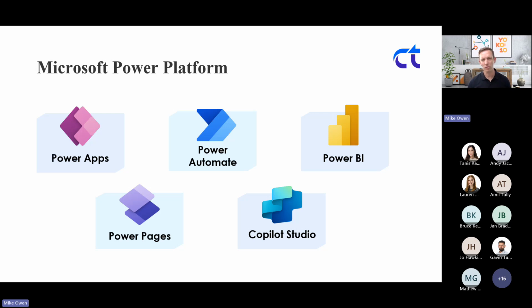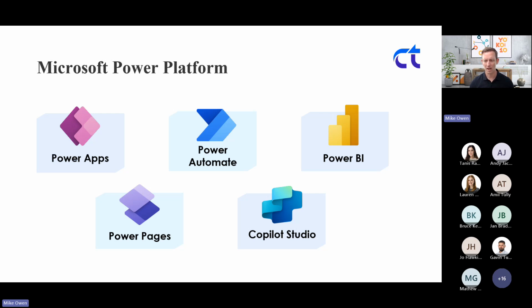And finally, we've got Copilot Studio. If you're familiar with the Power Platform, you may have seen mention of Power Virtual Agents. Well, Copilot Studio is the evolution of that.